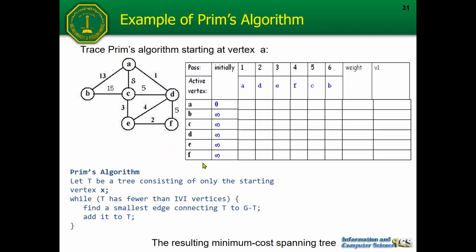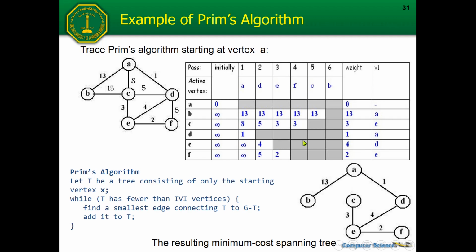Now just look at this example. This is the input graph, the original graph. So the task is how to derive the minimum cost spanning tree for this graph. You can see that there are some details on how to derive the minimum cost spanning tree by using a table like this.